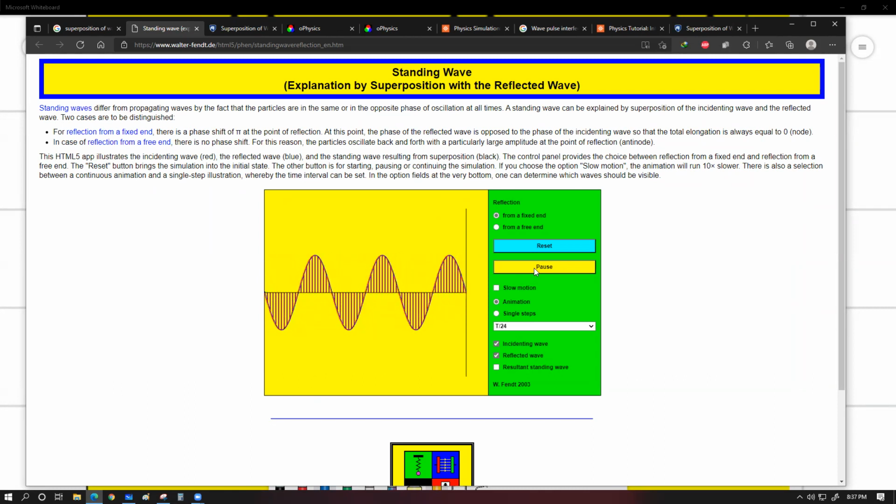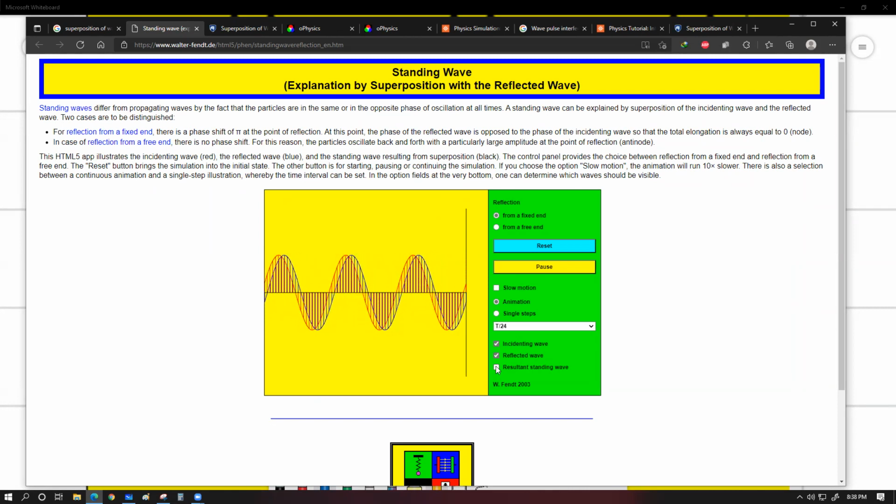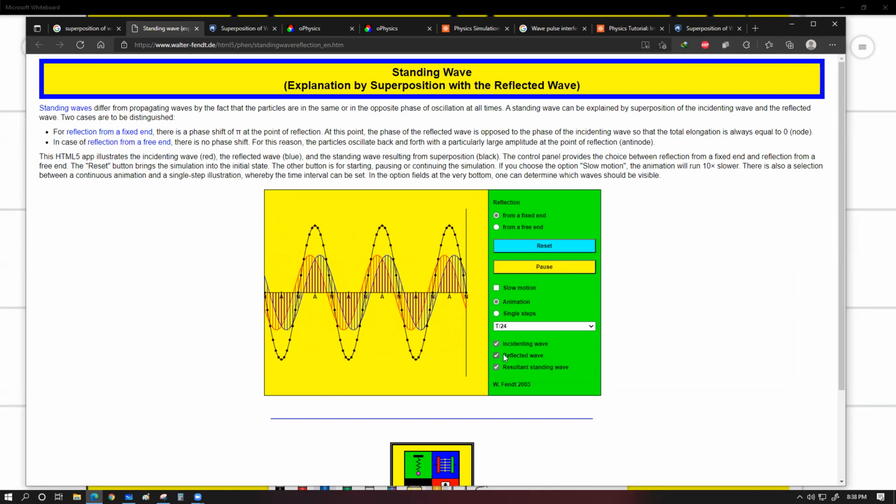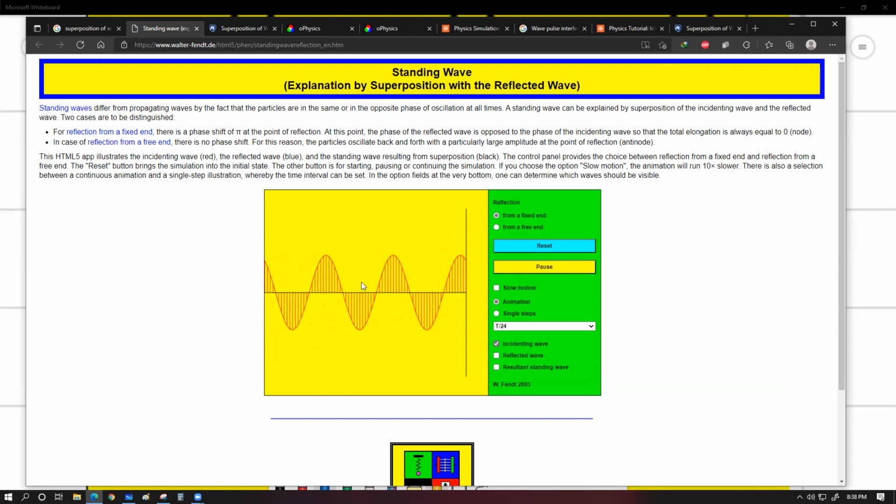Have a look. These are the two individual progressive waves, and this is going to give us the resulting stationary wave. The point for you to understand is that as one progressive wave passes through the medium, all the individual particles of the medium have the same amplitude. Do you see that every single particle is reaching the same maximum amplitude at some time? So yes, সবার amplitude কিন্তু same.